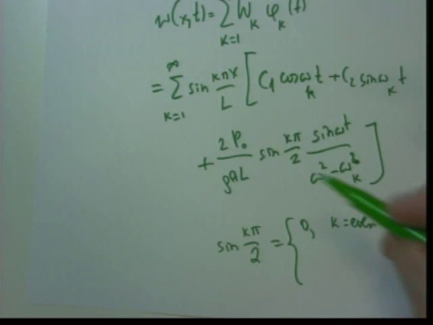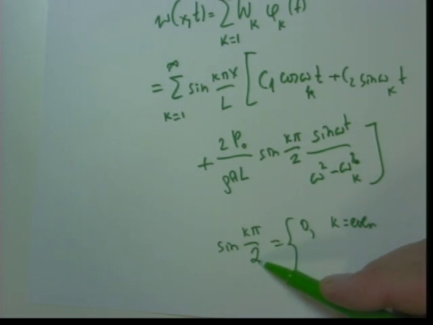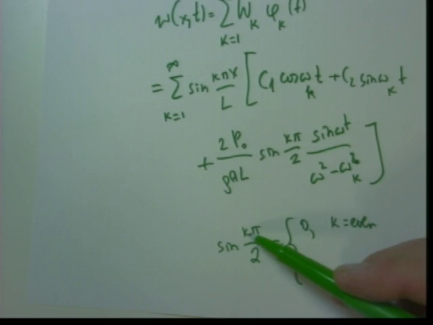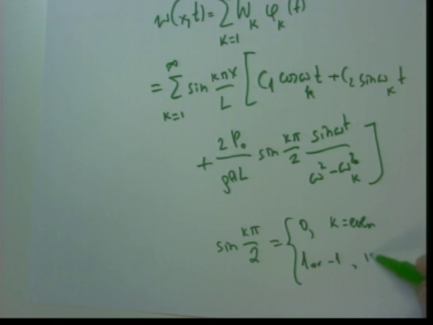Now if k equals 1, then it is sine of pi over 2. How much is sine of pi over 2? 1. What happens when k equals 3? 3 pi over 2, it's minus 1. So anyway, it is 1 or minus 1 for k odd.